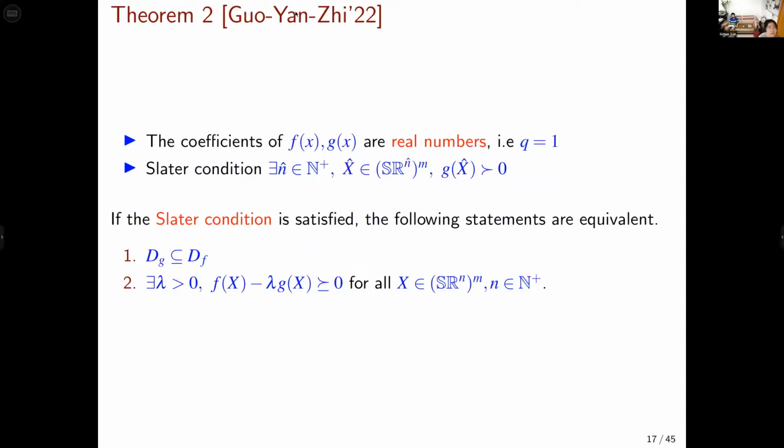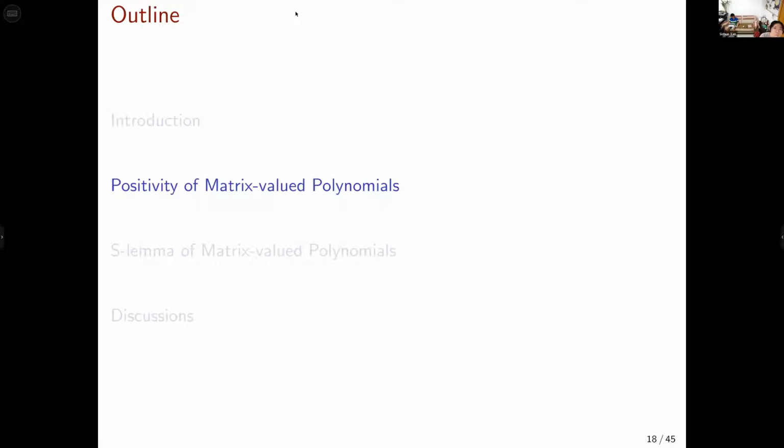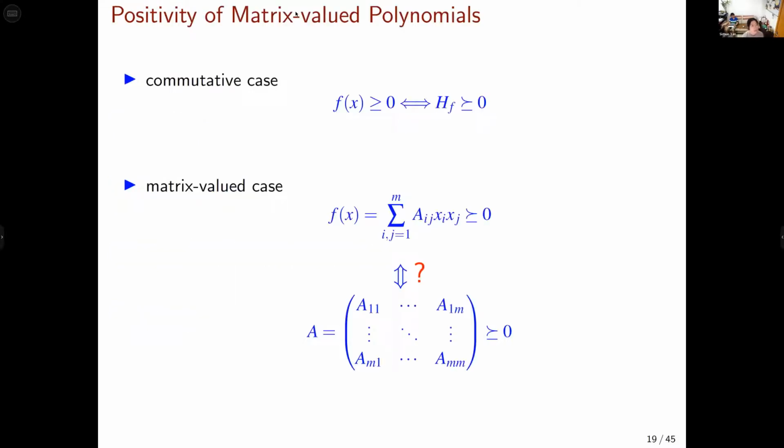So this is our introduction, and then I will show how to decide whether a matrix-valued polynomial is positive. In the commutative case, a polynomial f is non-negative if and only if its coefficient matrix is positive semi-definite.